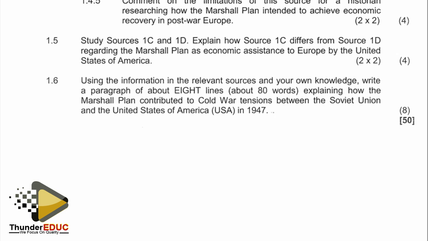The question is talking about Cold War tensions, but in this instance, I am using other terms which are in my own words. I am explaining this tension as a rift between the USSR and the USA. And how did it contribute? It made the USSR feel threatened by the introduction of the Marshall Plan.